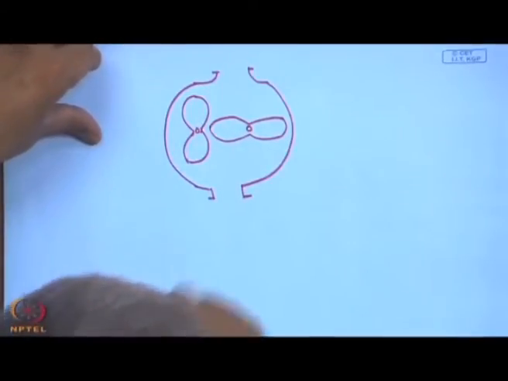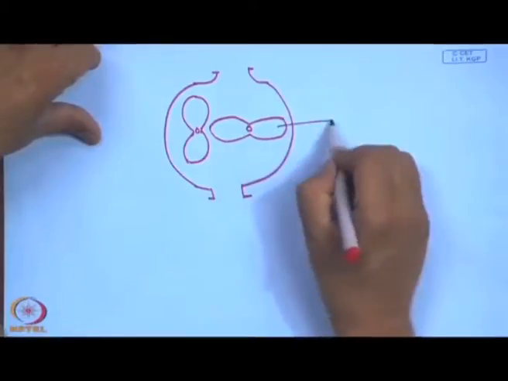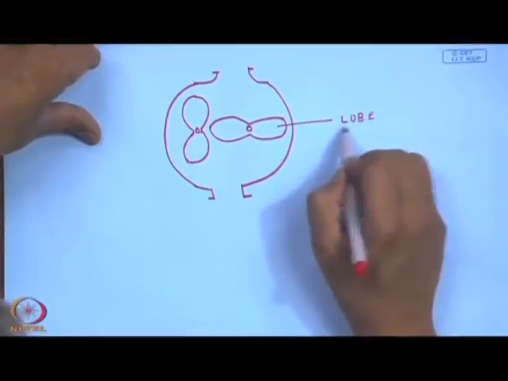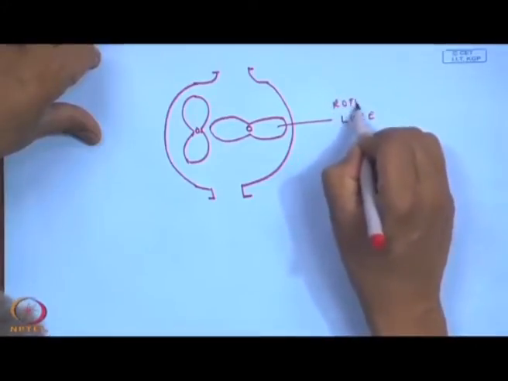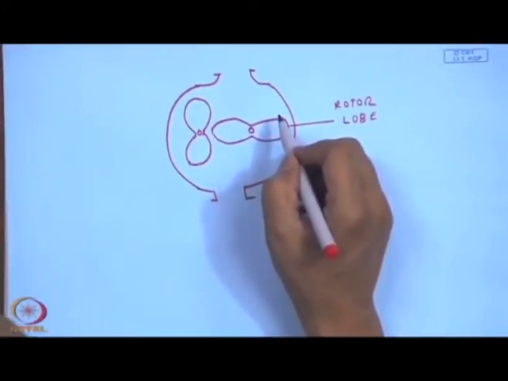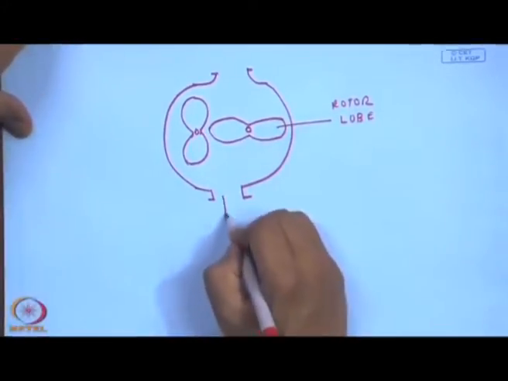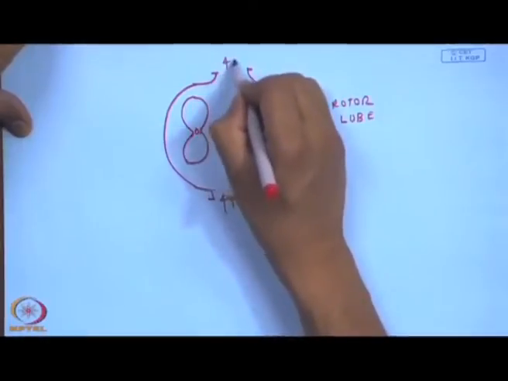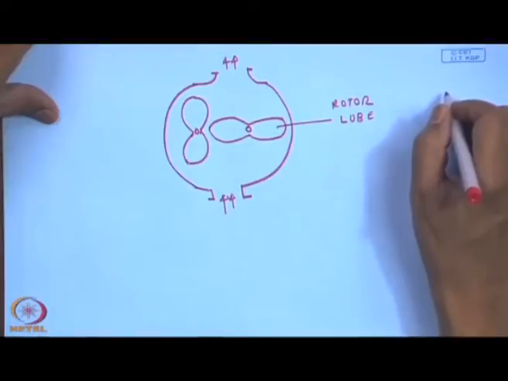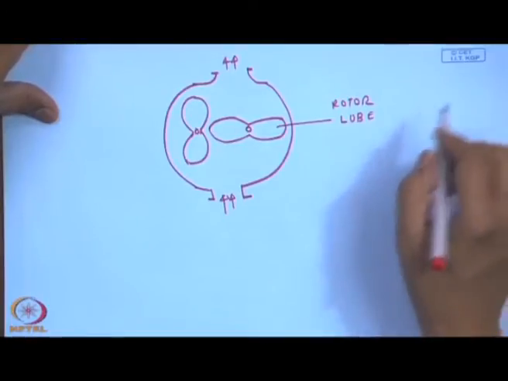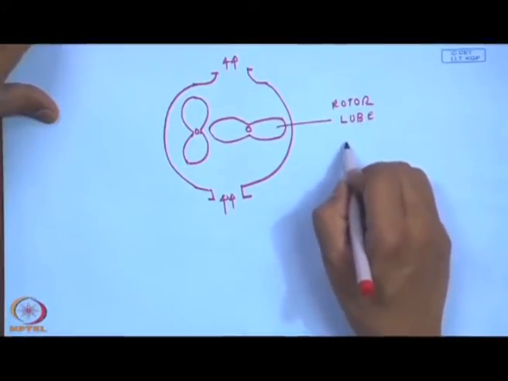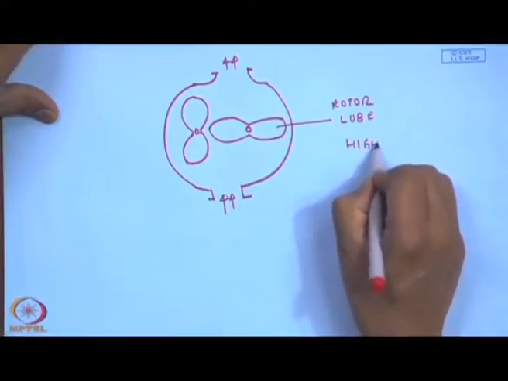And this is a rotor lobe. So, two rotors, and they move in a particular direction, and then this air gets compressed. These are positive displacement rotary compressors, and they generate very high pressures.